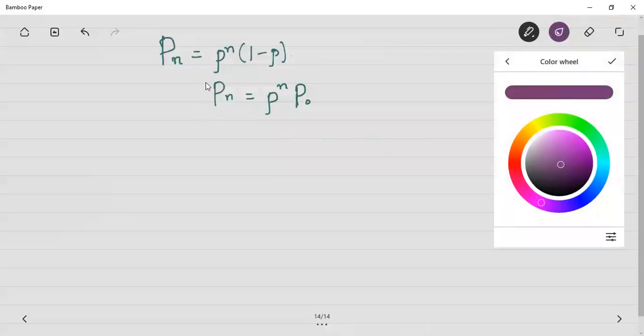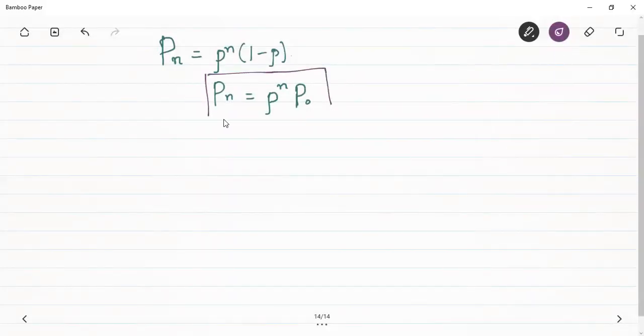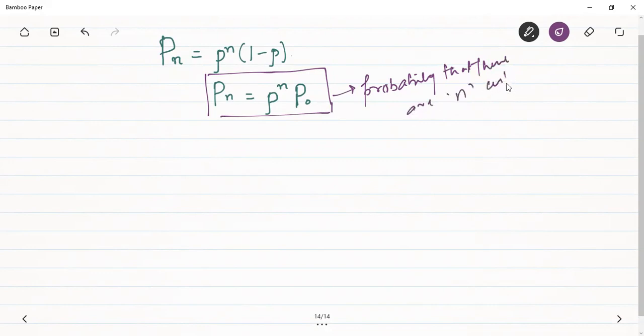So this is quite an important relation which gives us the probability that there are n customers in the system.